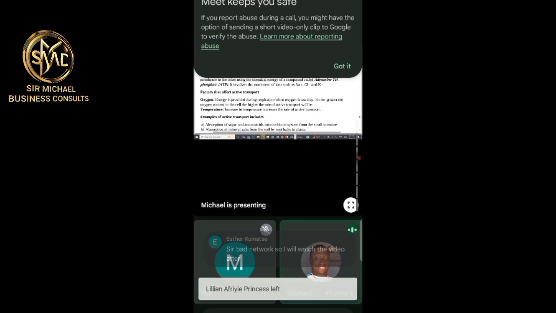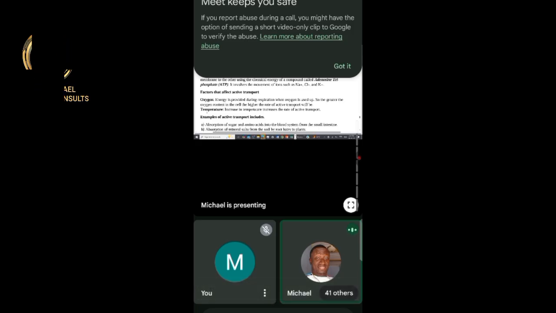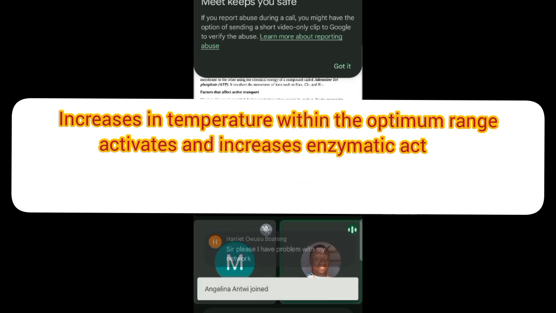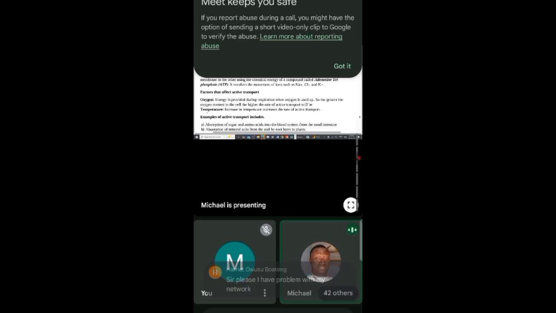When we come to active transport, though the molecules are small, we are pushing them. So once there's an increase in temperature, it also increases their kinetic energy. So it becomes a little bit easier, with a small amount of push, to move them across.